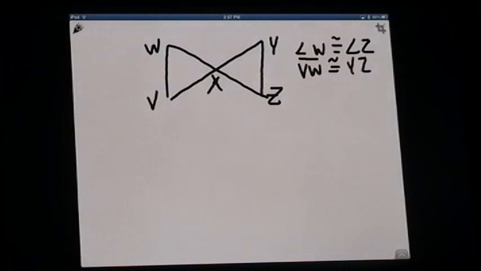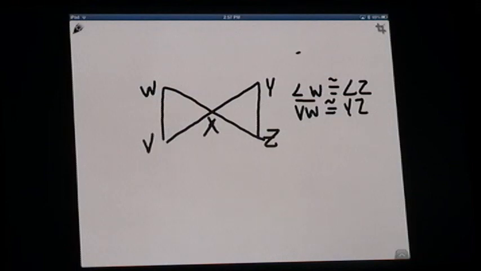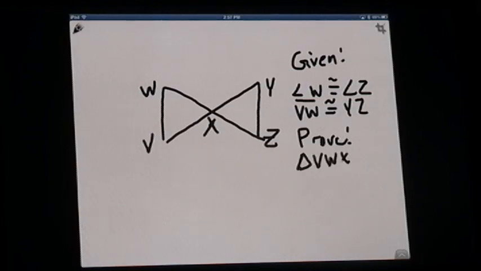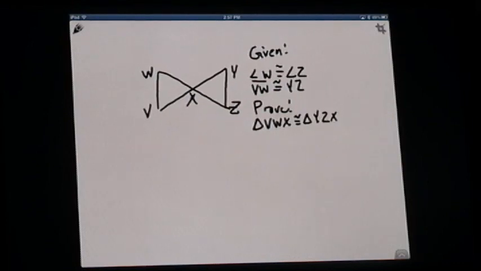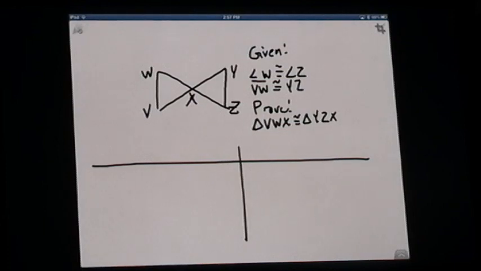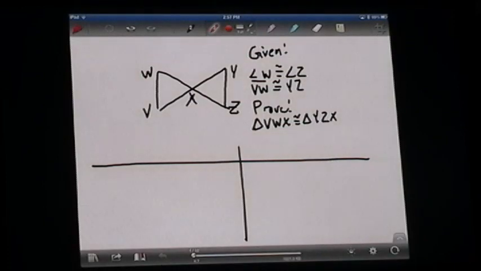This is given information. So I have room to write given up here. And we're to prove triangle VWX is congruent to triangle YZX. Alright, I haven't written all my given information, so let me mark it in here and then see what we can figure out from this.